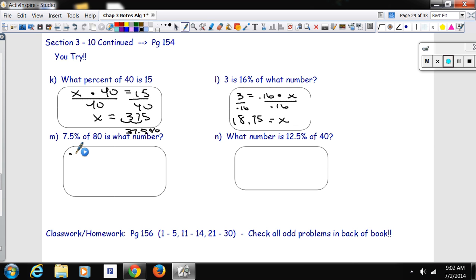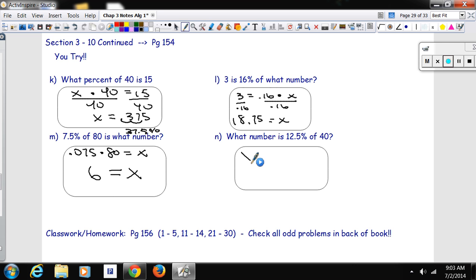7.5%, so 0.075 of 80 is x. What number? That one you're just going to multiply 0.075 times 80, and you get x equals 6. If you can translate it to a simple equation, then you'll be able to solve it.